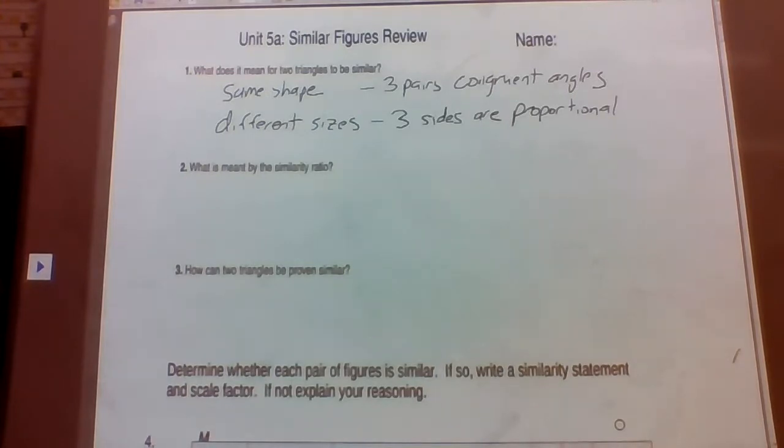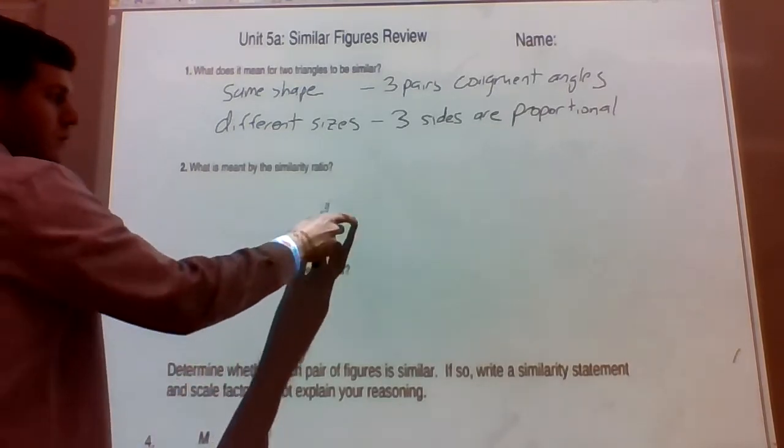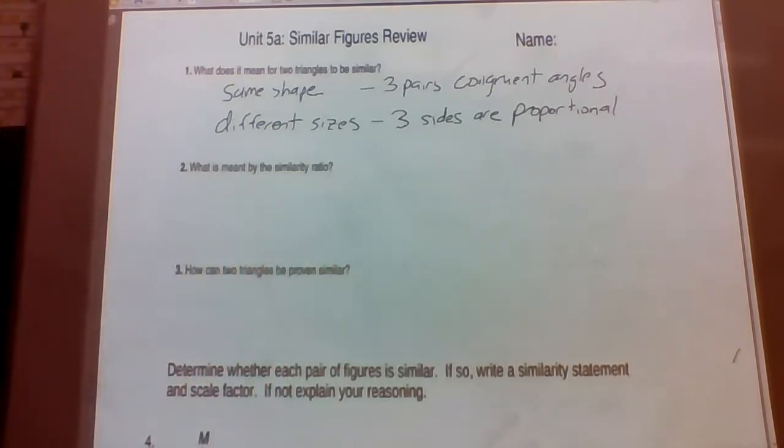What is meant by the similarity ratio? The similarity ratio tells us how similar the triangles are, how much larger one triangle is than the other, or how much smaller.